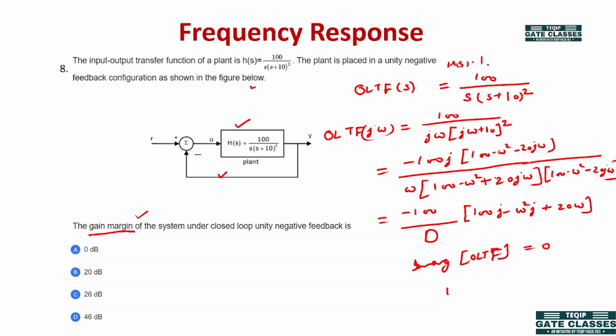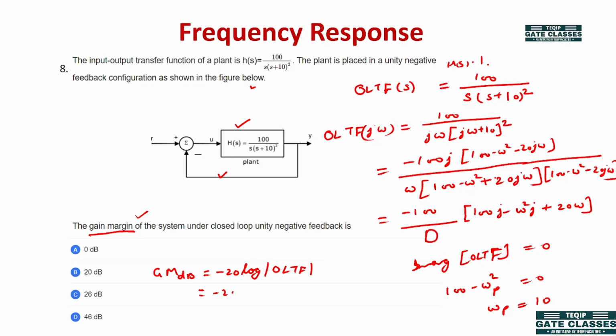that is, 100 minus omega p square is equal to 0, that is omega p is equal to 10. Okay, so now the gain margin in dB is equal to minus 20 log of the magnitude of the open loop transfer function.